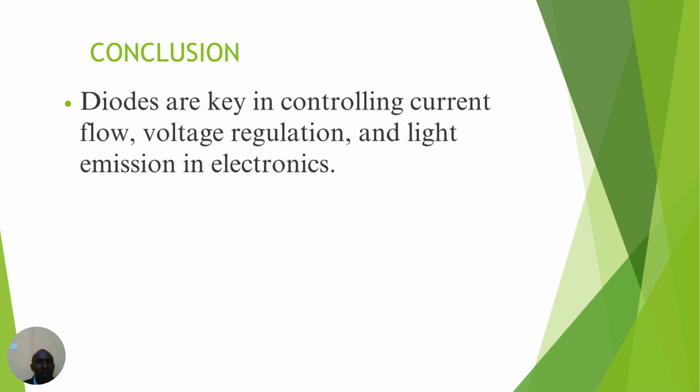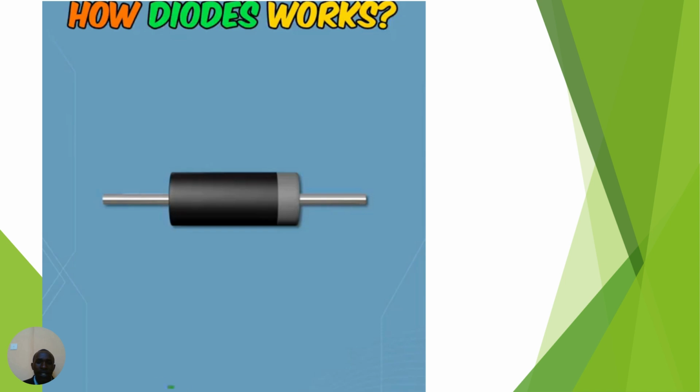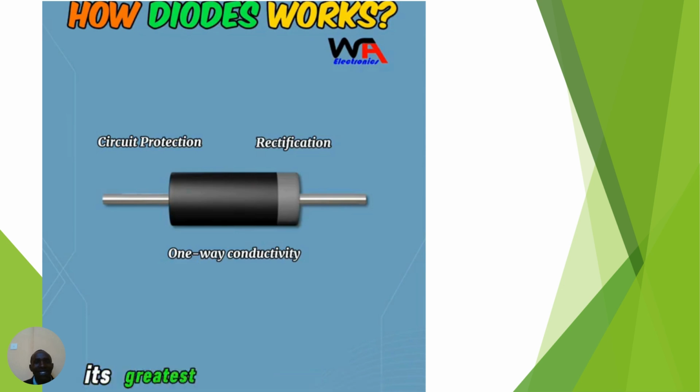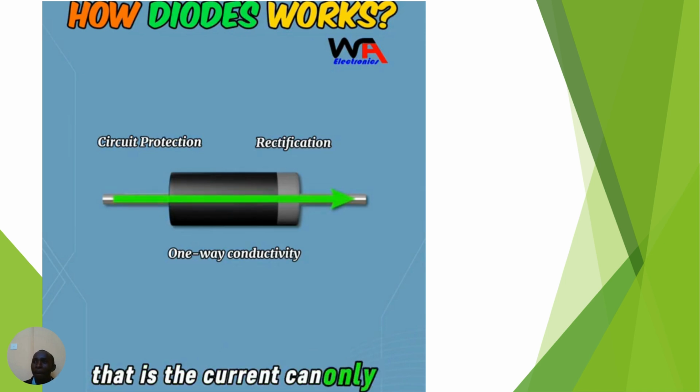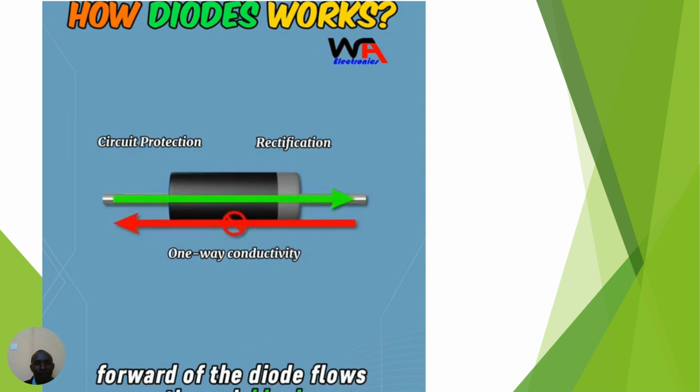So, conclusion: diodes are key in controlling current flow, voltage regulation, and light emission in electronics. Almost everywhere in electronics we use diodes. This is a diode. It plays a crucial role in circuit protection and rectification. Its greatest characteristic is its one-way conductivity. That is, the current can only flow in the forward direction of the diode and is blocked when reversed.